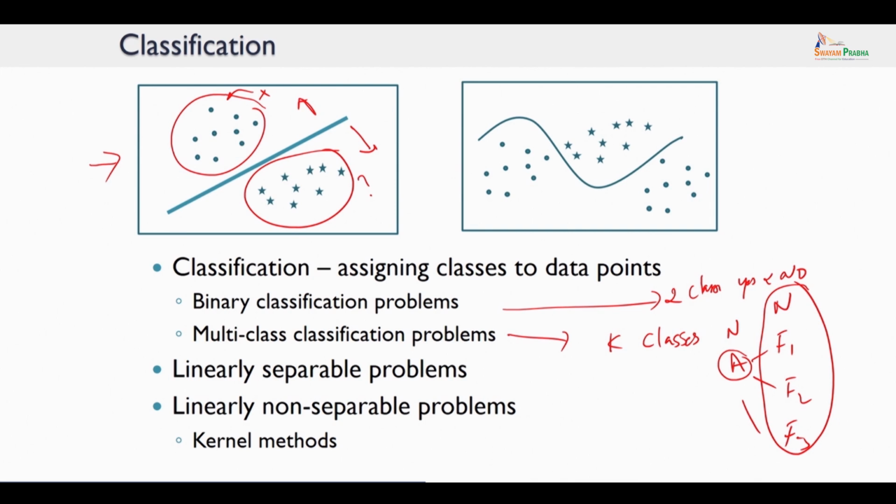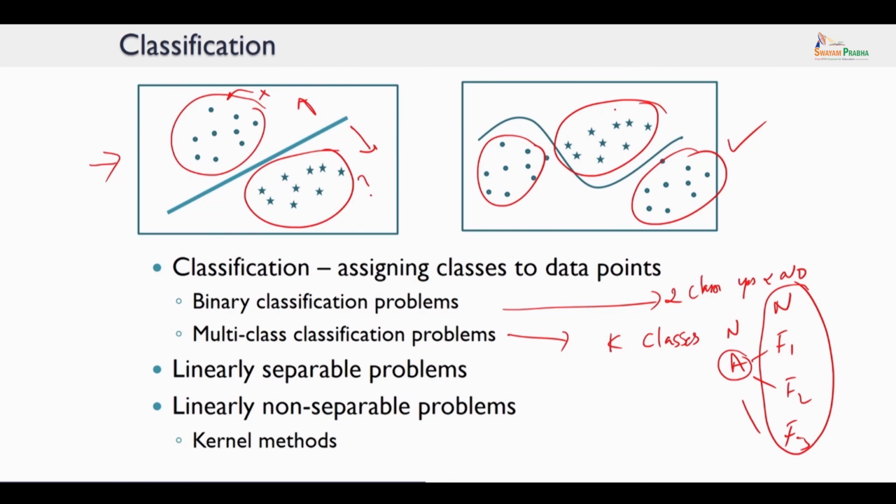However, I also have a picture on the right hand side. This also turns out to be a binary classification problem. However, if you look at this data and this data, both belong to class 1, and this data belongs to class 2.